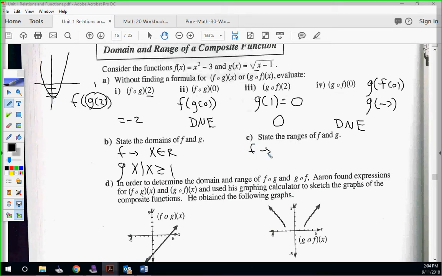All right. Range for f. Y. Okay, good. And then g. What is the range for the radical function? So if you forgot, remember, a radical function is going to look like this. That's what it looks like. What's the range for that guy?